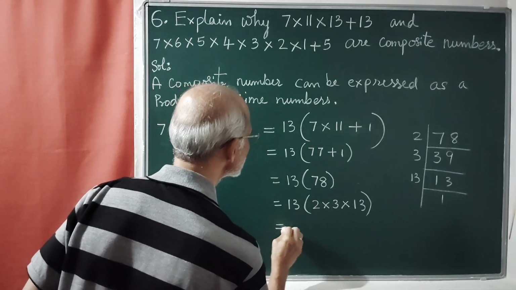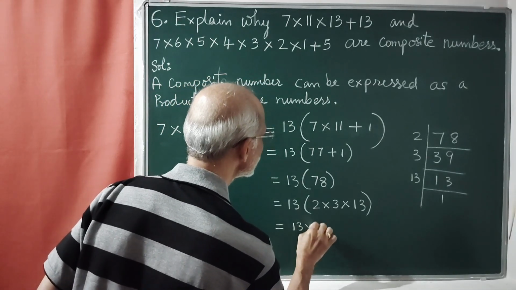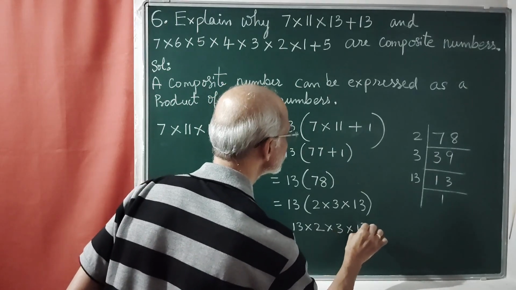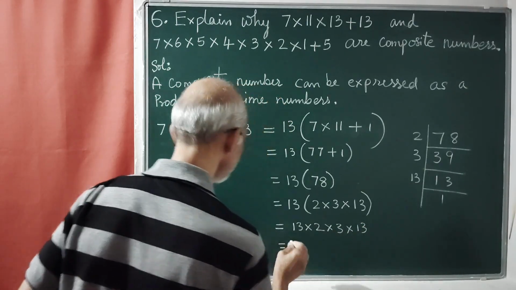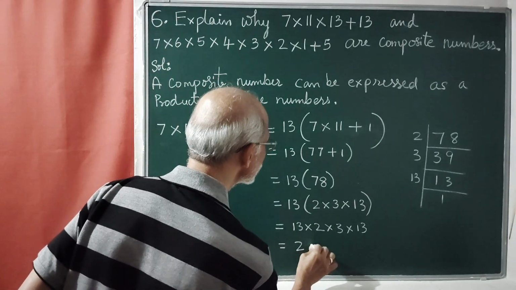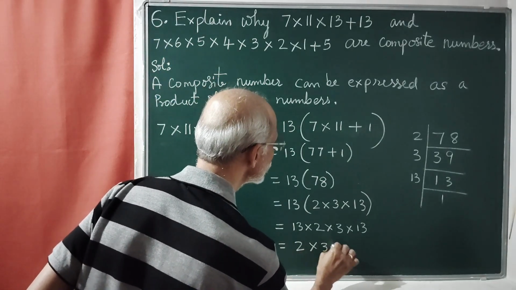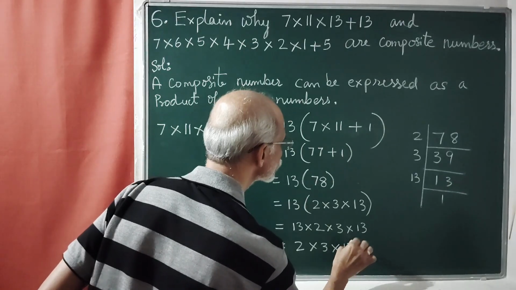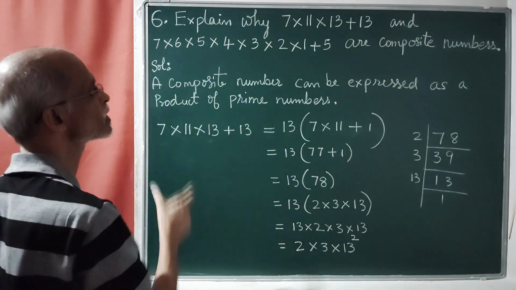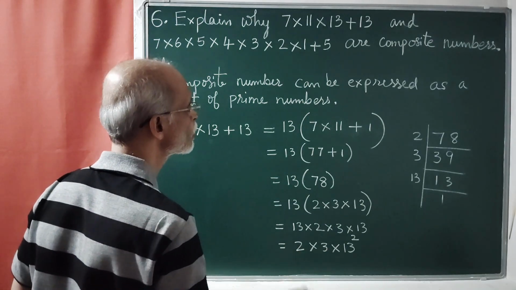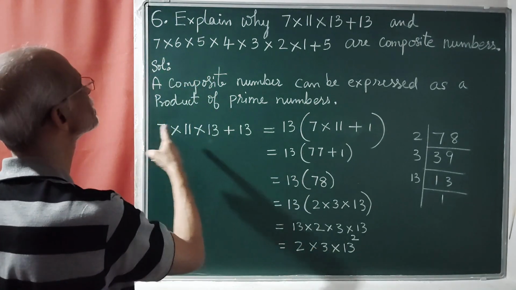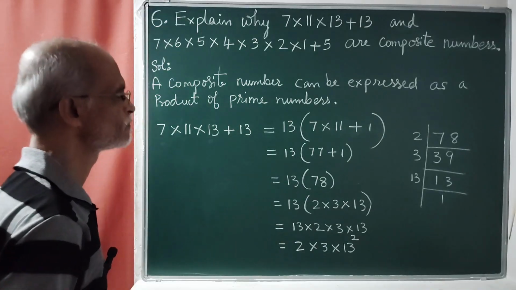So this is nothing but 13 into 2 into 3 into 13, that is 2 into 3 into 13 square. So now we could express this one as a product of prime numbers. Therefore, this is a composite number.